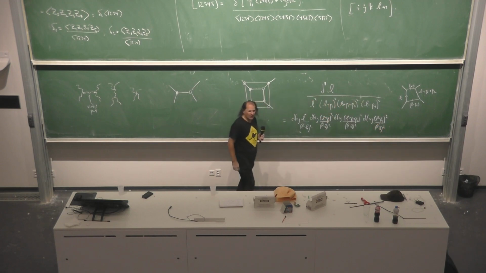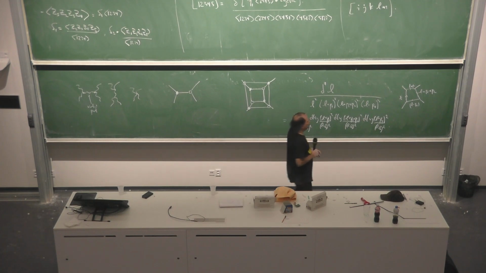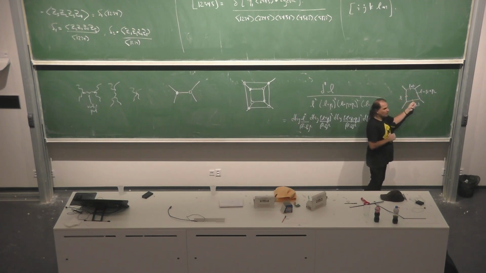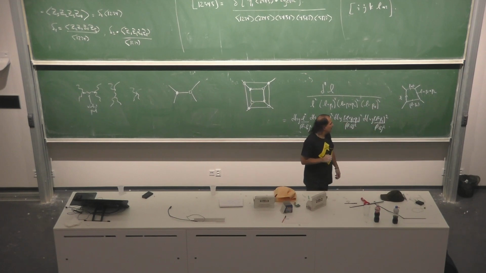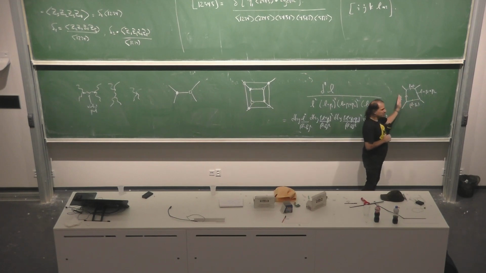And that L star is the special value of the loop momentum which is what you get when you put all of these four propagators on shell. If you just solve for L squared equals (L plus P1) squared and so on, you just put them all on shell, there are two solutions to that problem.